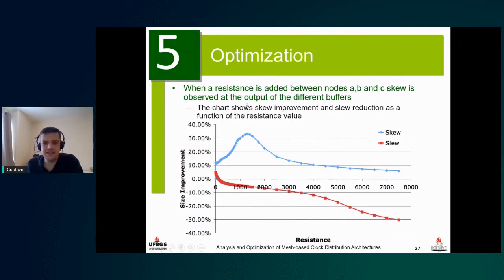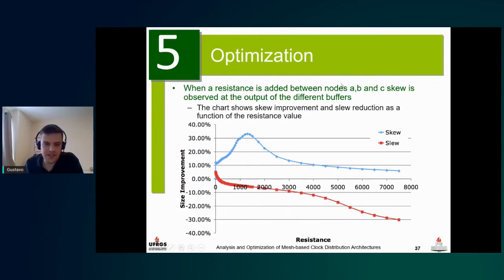This is another experiment that shows the impact that we see in the slew and the skew when we size the buffers. But in this case, we are using a model that is a little bit more pessimistic because it adds resistance in between the outputs of those buffers.